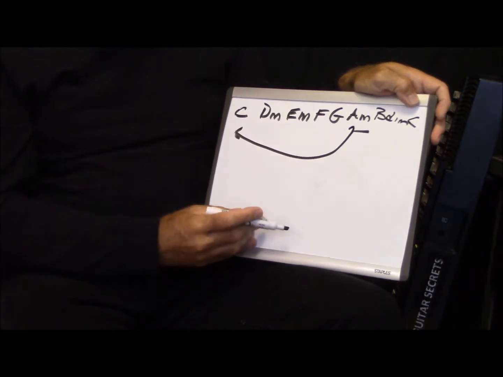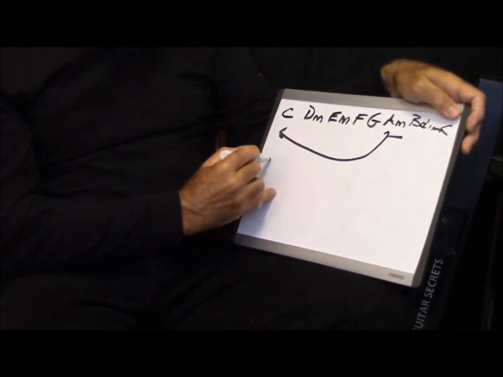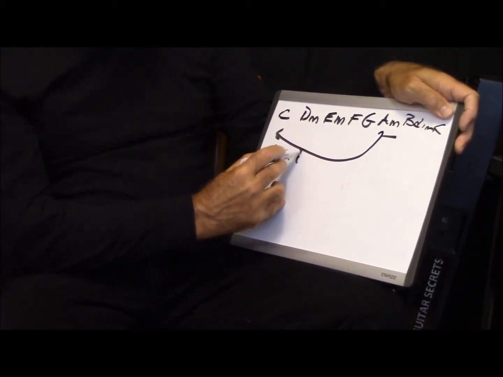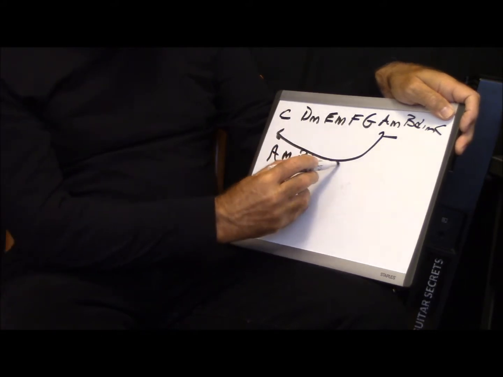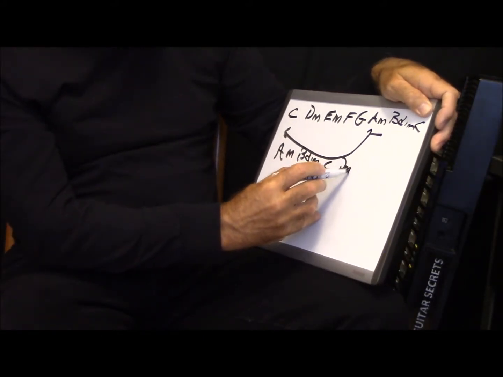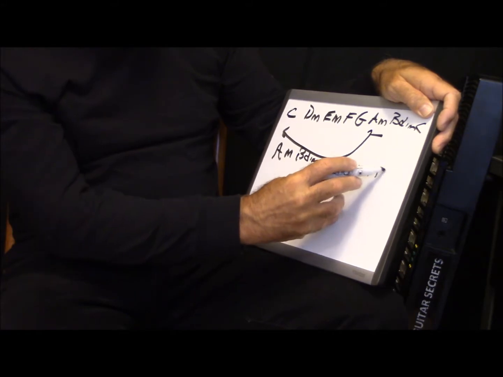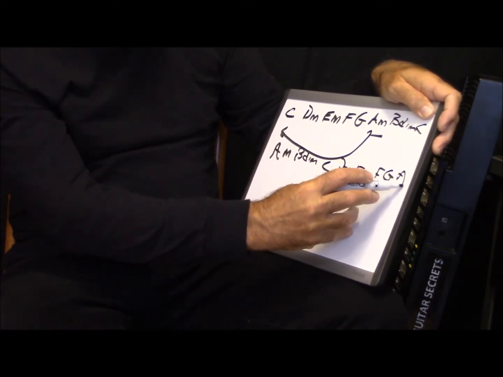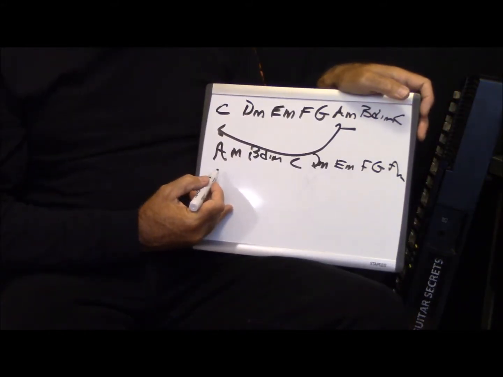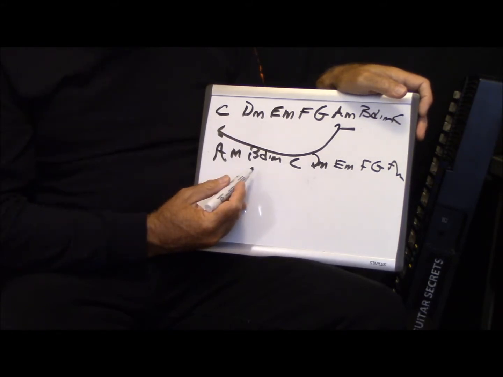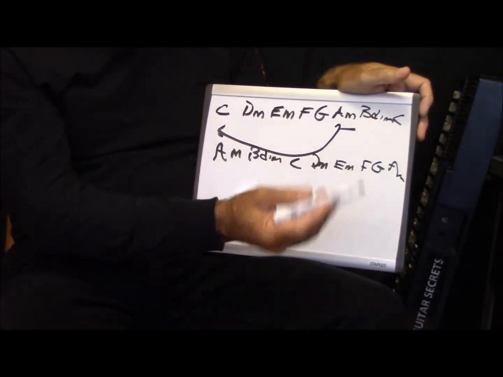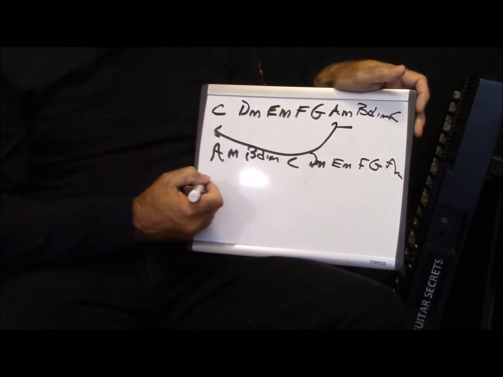So what we're going to do is go A minor, B diminished, C, D minor, E minor, F, G, and then it repeats itself with A minor. Now notice that A minor is the first note, B diminished is the second, C, D, E, and so forth, but A minor is the first one now.